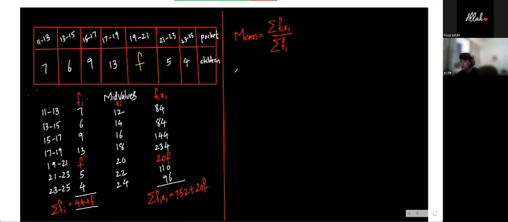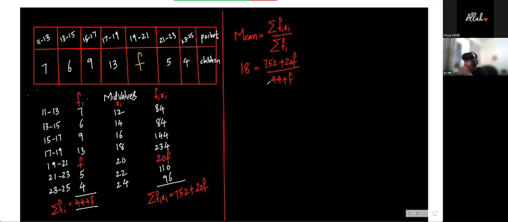The mean pocket allowance is rupees 18. Since it is given already, 18 is equal to sigma fi xi, which is 752 plus 20f, divided by sigma fi, which is 44 plus f.